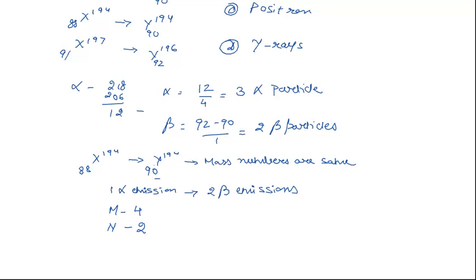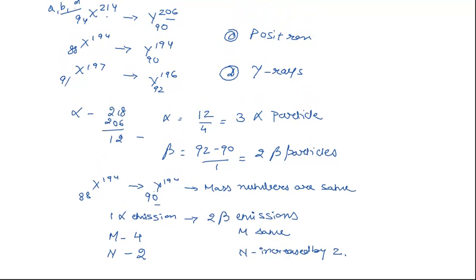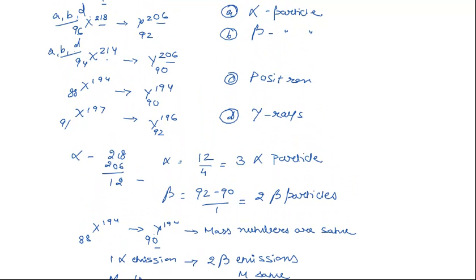After 2 beta emissions, mass will remain the same and the atomic number will be increased by 2. So what is the right option over here? In the third case, it will be 1 alpha and 2 beta.